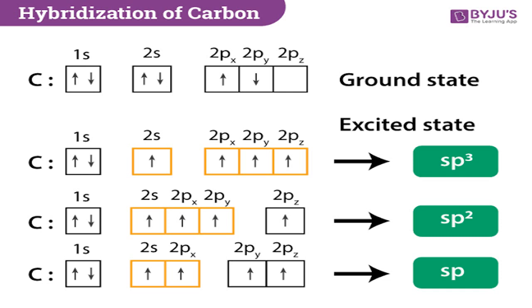Now, the 4d10 will not participate because it has a lower energy level than 5s and 5p. And remember, iodine also has a vacant 5d orbital. So it will only participate between its 5s, 5p, and 5d orbitals.